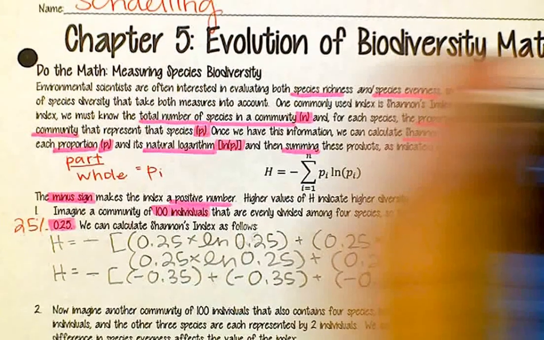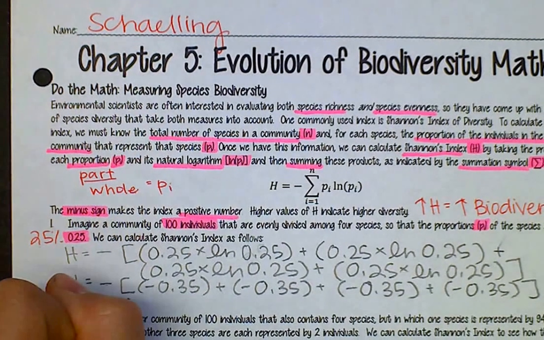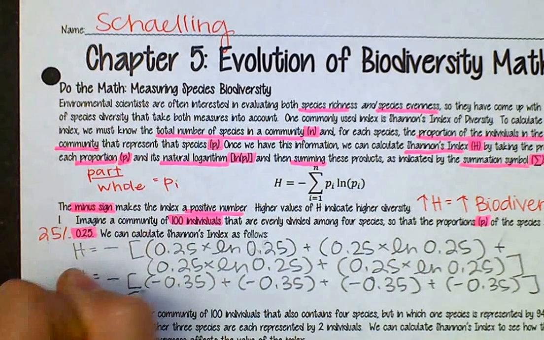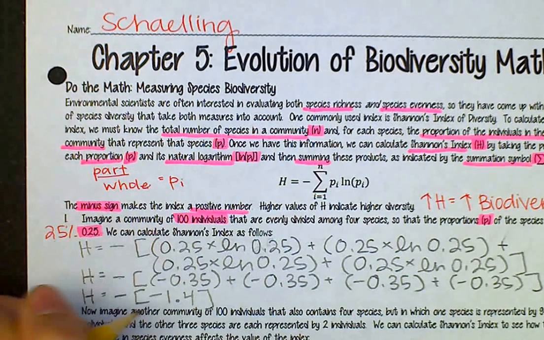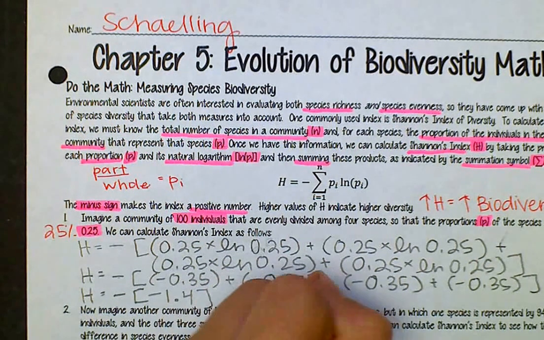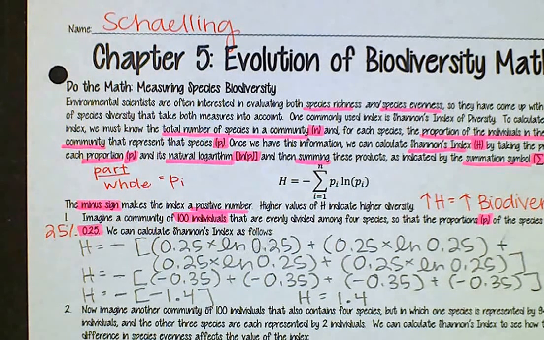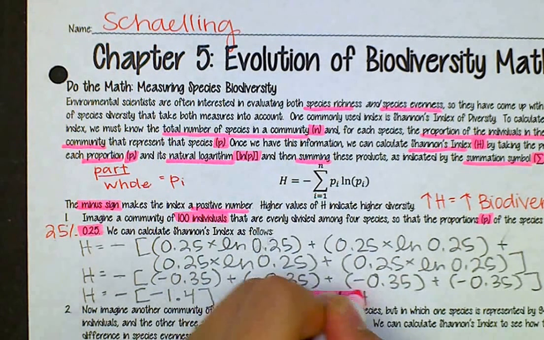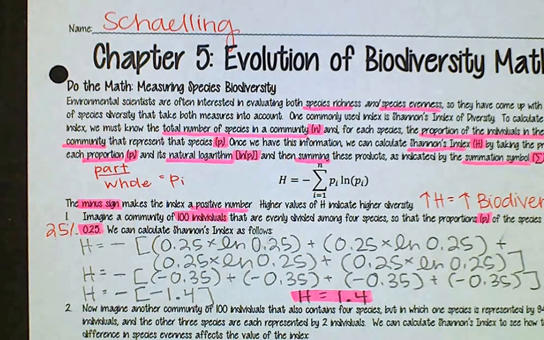Okay, so I have H equals negative 1.4. Now I know a negative times a negative is a positive, so my final answer is 1.4. Now no matter how many species you have, no matter what their proportions are, you're always going to follow these steps in order to calculate the biodiversity index.